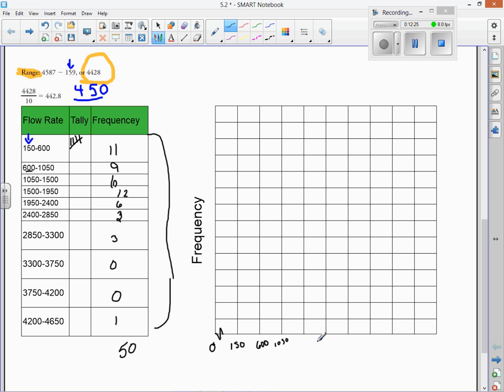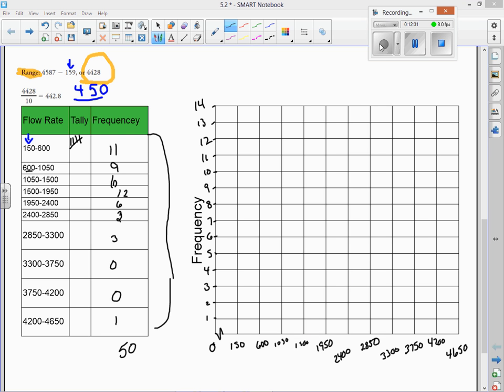So 1050, 1500, and I'll finish that off. Okay, so now I've completed the label, so the axes for the histogram.